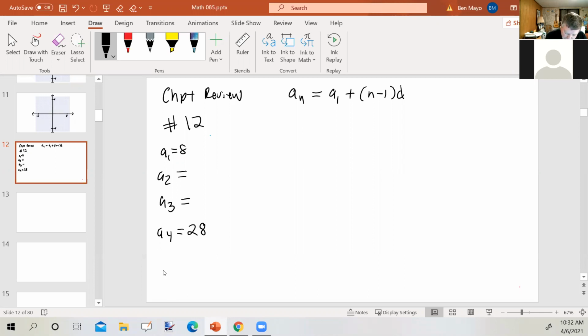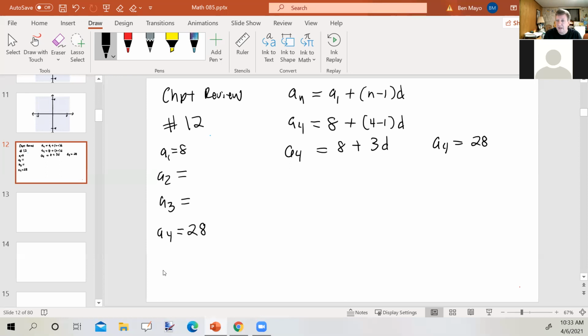All right. So a sub 4 would be a sub 1, which is 8, plus n minus 1, which is 4 minus 1, times d, the common difference. A sub 4 is 8 plus 4 minus 1 is 3, so 3d. But we also know that a sub 4 equals 28.